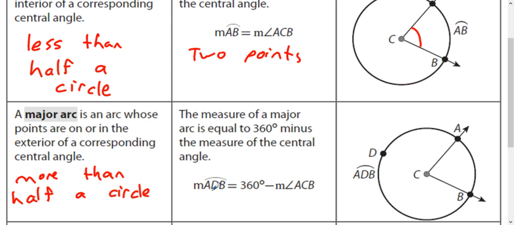When you name a major arc, you use 3 points. We have minor arc and major arc. If you put them together, it has to equal 360. That's where that equation comes from. Together, it's a whole circle, 360 degrees.